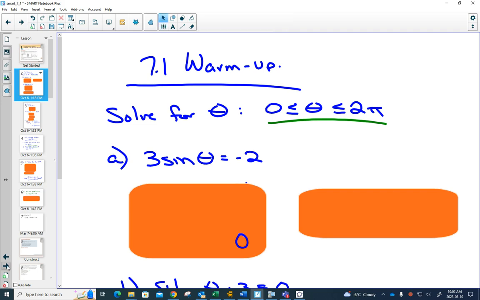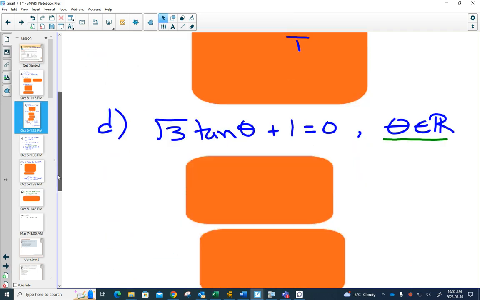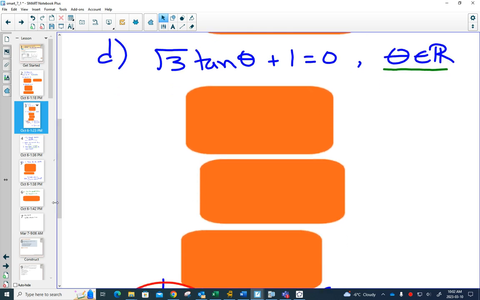What chapter 7 brings is that we will now change the domain. Instead of just being from 0 to 2 pi, we say it can be everything. So we take out our circle and we can go multiple times around.